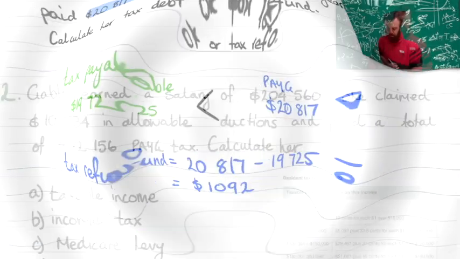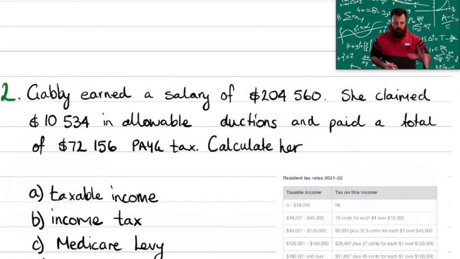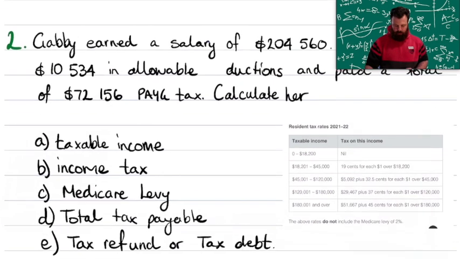Right, example 2 here, year 9. Gabby earned a salary of $204,560. She claimed $10,534 in allowable deductions and paid a total of $72,156 in PAYG tax. We calculate her tax, and there are a few things that we need to run through.